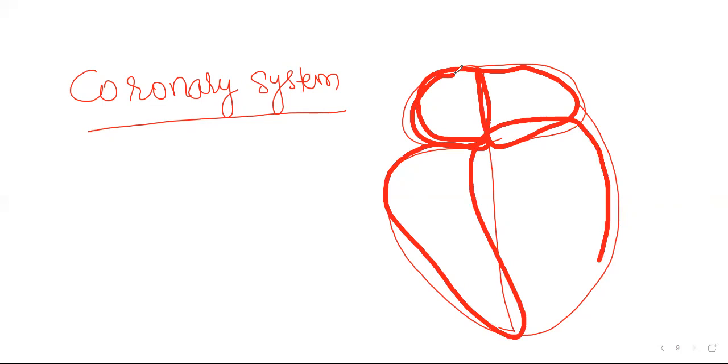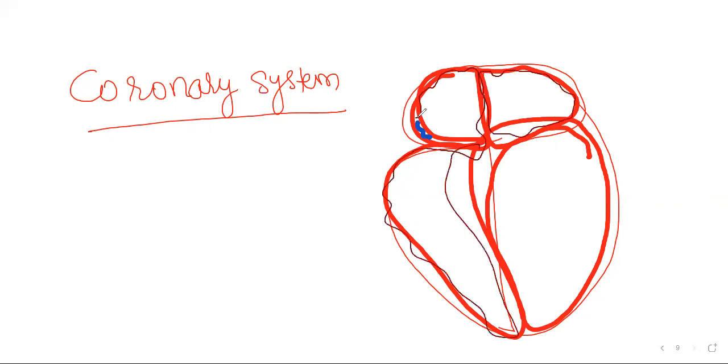They continuously require energy. They continuously require a supply of nutrients. Then the question arises whether blood vessels are required or not. Definitely blood vessels are required. For whom? To supply blood to the muscles of the heart.